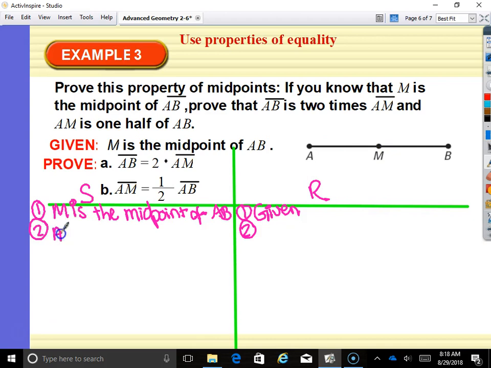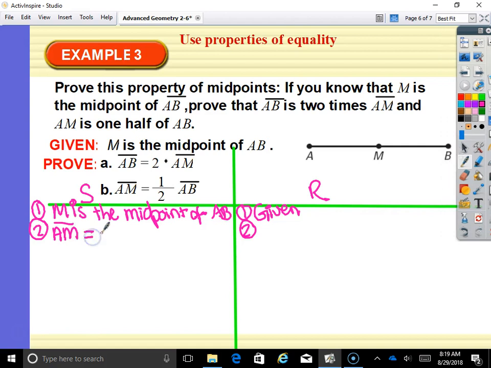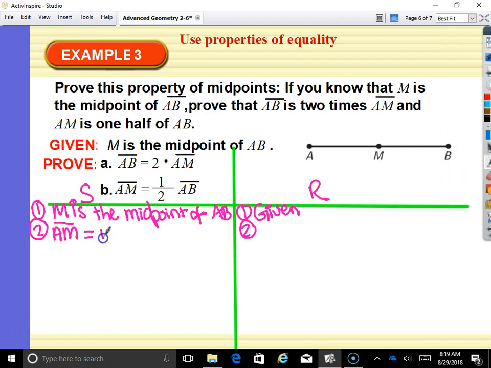So that's telling us that AM is congruent to, or is equal to, right? AM equals MB. Definition of midpoint.